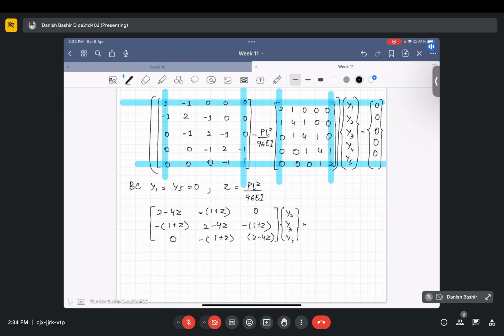We have to find the values of y2, y3, y4, and it equals 0, 0, 0. We have to solve this system now.